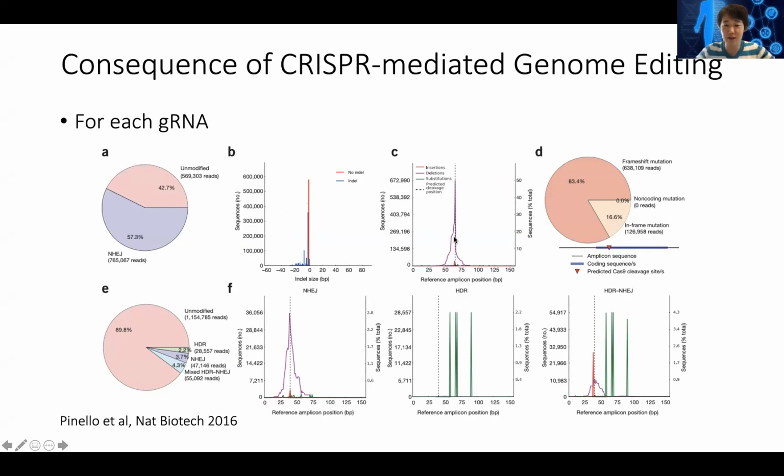Is it insertions or deletions, exactly what happens, and whether this creates a frame shift mutation or in-frame mutation. And also looking at how much insertion happens, because the insertion can also be reverted and so on. And so these are algorithms that can tell you what the exact repair is.